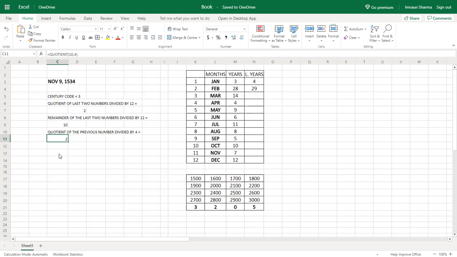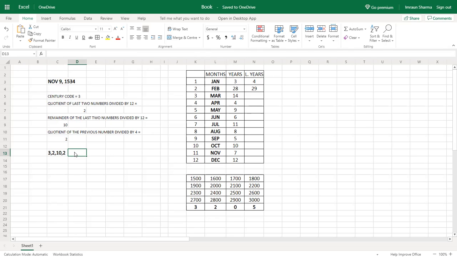So the numbers that we calculated till now are 3, 2, 10, and 2 again. So these are the numbers. Now we have to add all of these 4 numbers.